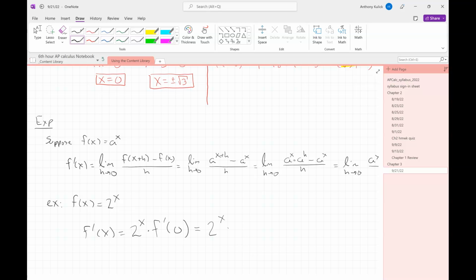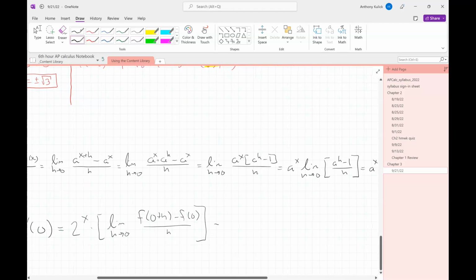And f prime of 0 is the limit as h approaches 0 of f of 0 plus h minus f of 0 all over h, which in our case, with this specific f of x, is 2 to the h minus 1 over h.